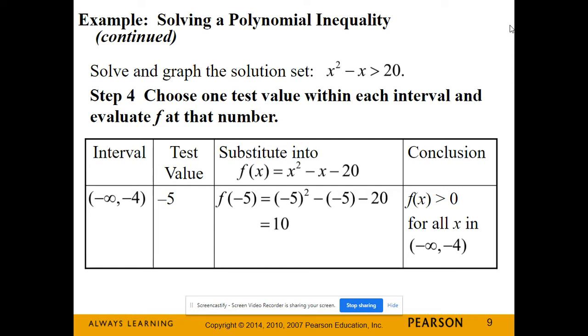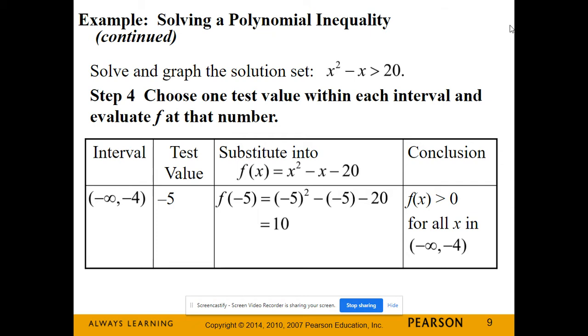Remember, we're going to choose one test point within each interval. For everything to the left of negative 4, we're going to pick a test value of negative 5. We substitute negative 5 into the expression x squared minus x minus 20, and what you end up with is positive 10.